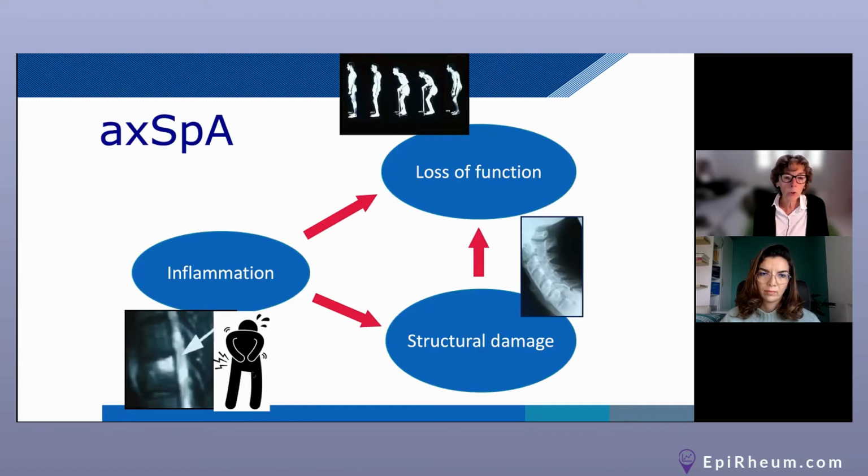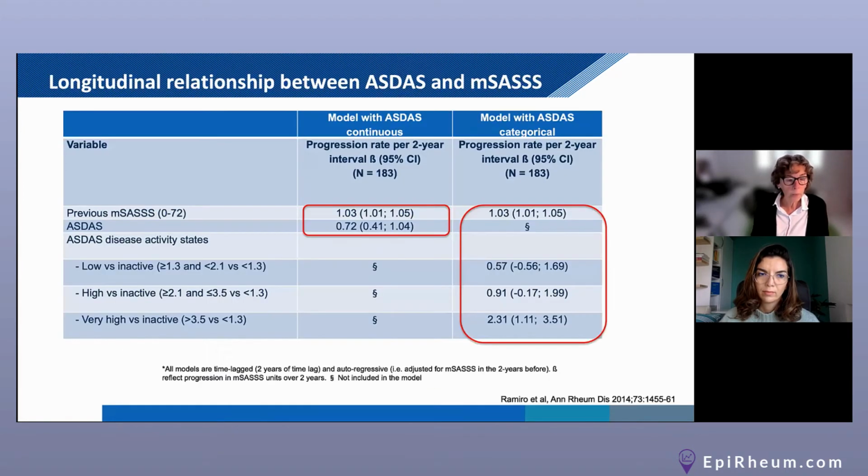This is also an important kind of construct where you see that inflammation, and that's what we measure with the disease activity score, has direct effect on function and also on structural damage. So to know if the disease activity score is really a representation of inflammation, you also have to show that link as a kind of validation step. Here is an important work from Sofia Ramiro, where you see that the ASDAS is related to a progression in the mSASSS.